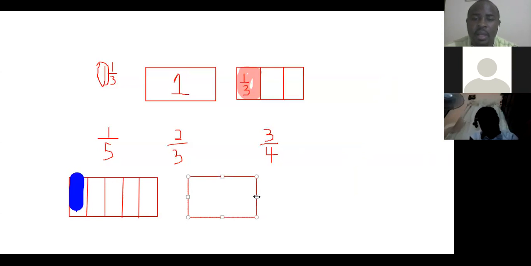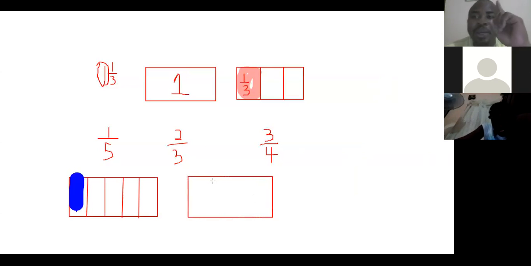So it means, Zaria, that you have one whole and you're dividing it into how many total equal parts? 3. Okay. So it's just one whole, all right? It's always one whole that you're dividing to make fractions. Cool? Yes, sir.